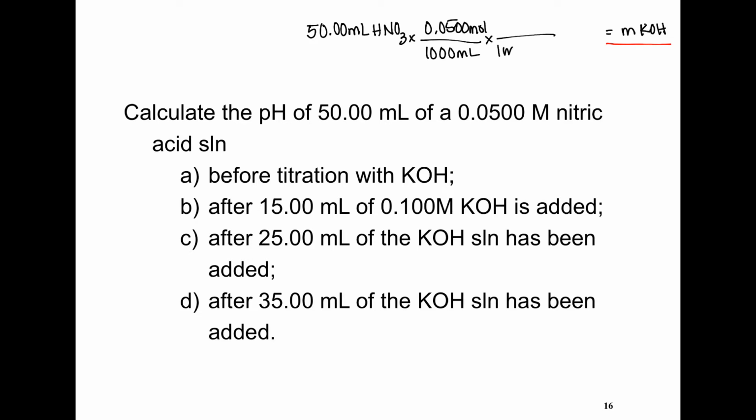They react in a 1 mole to 1 mole ratio. And my KOH is 0.1 molarity for 1,000 milliliters. So when I did that calculation, I found that the equivalence point should be 25 milliliters, and that is point C here. So this is the equivalence point.